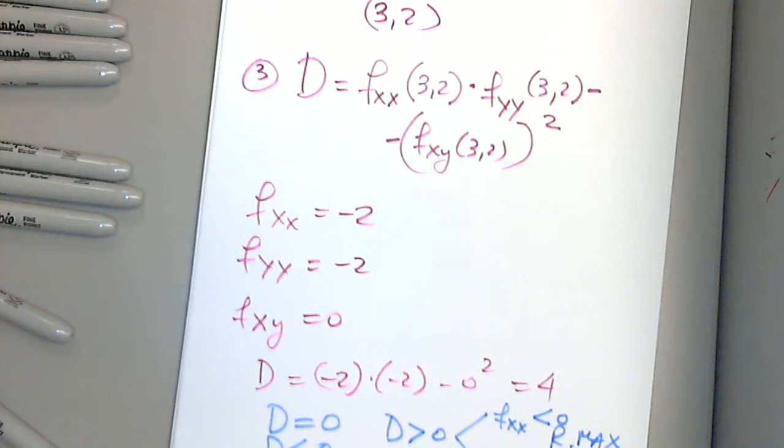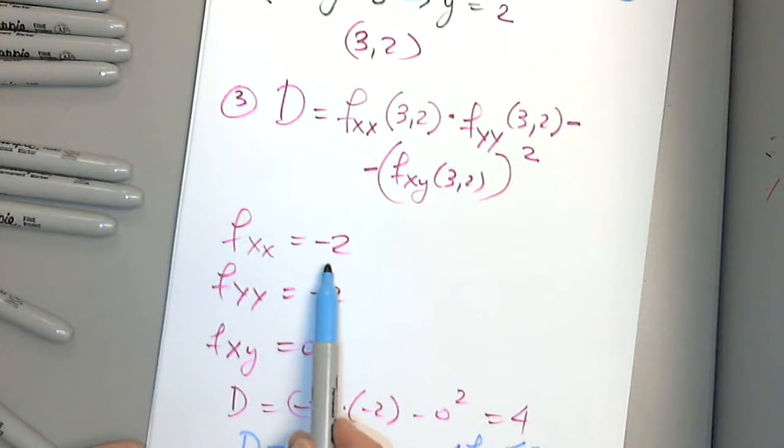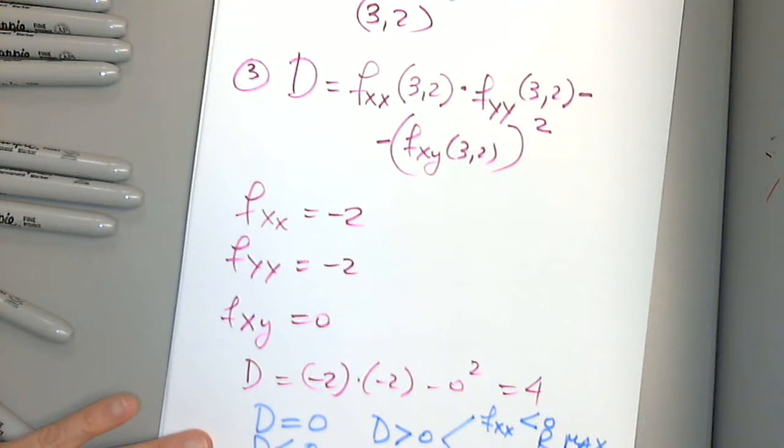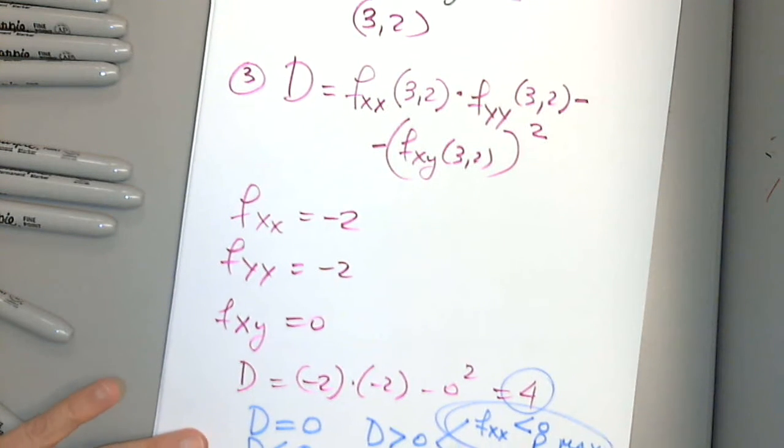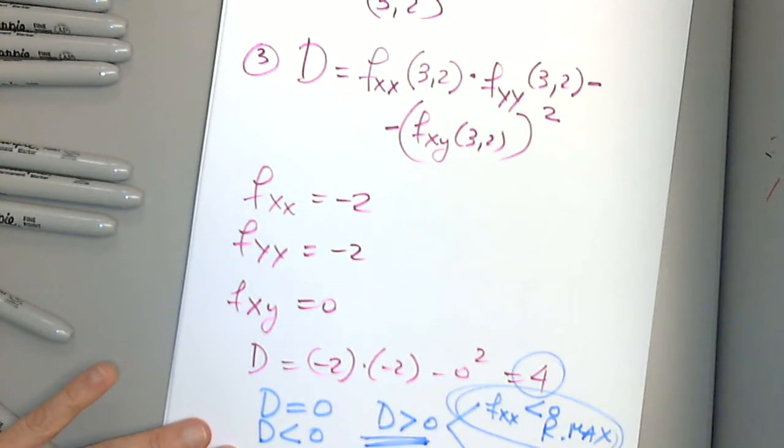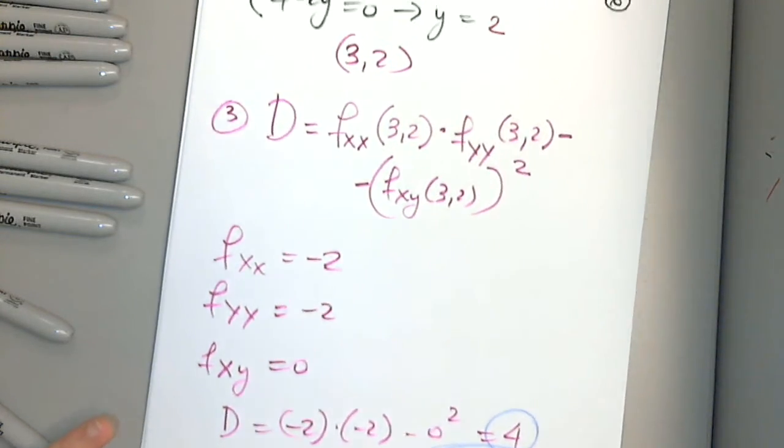So fxx is negative, so 3 comma 2 is a relative max. D is positive, it's 4. fxx is negative, so it's a relative max.